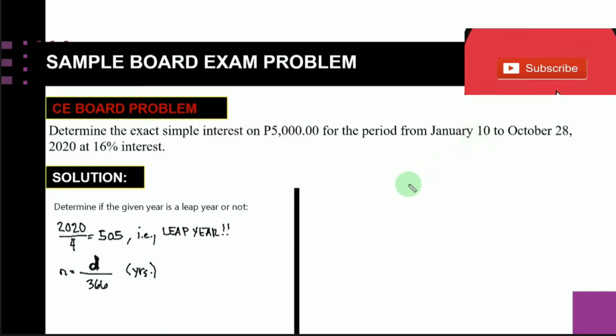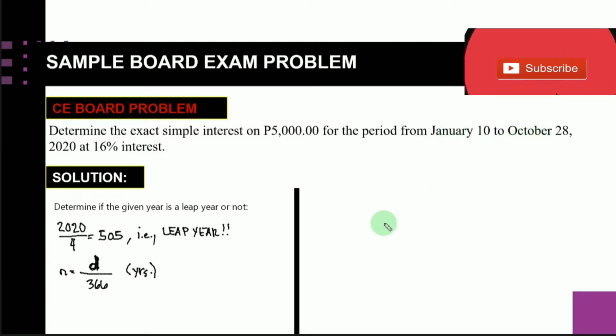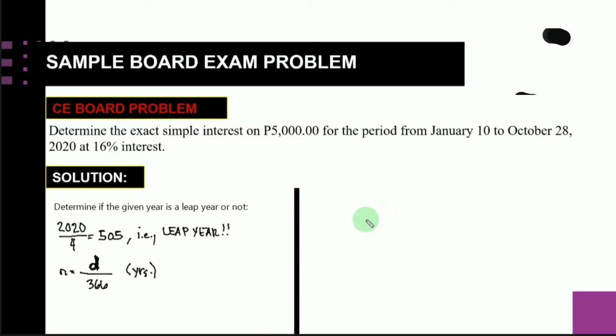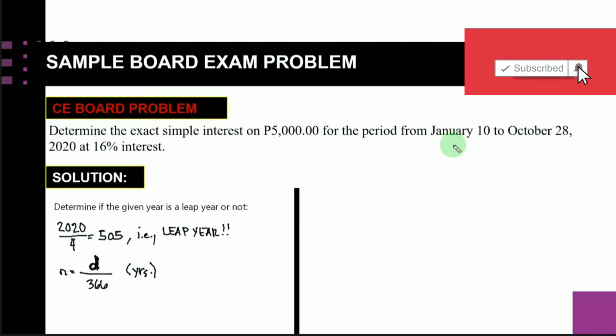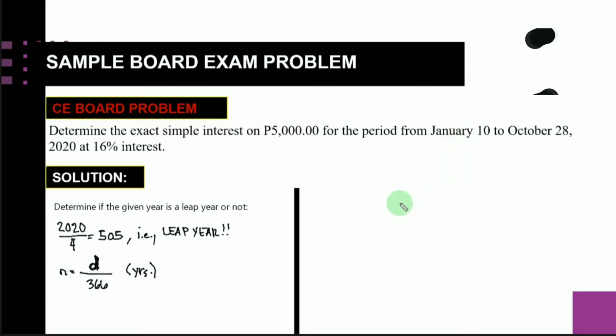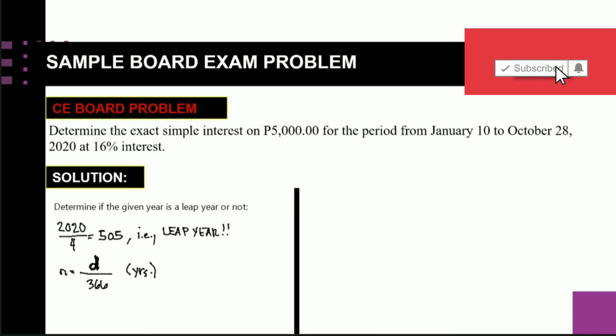Before we proceed to the number of days from January until October 28, I will give you an overview of how to determine the exact number of days for this duration of January 10 to October 28 of 2020. I will give you a technique using your hand knuckles.